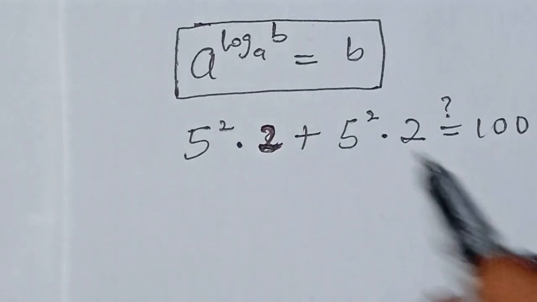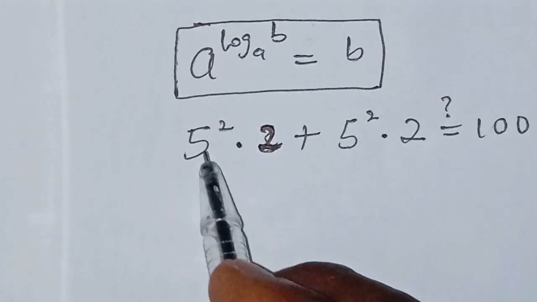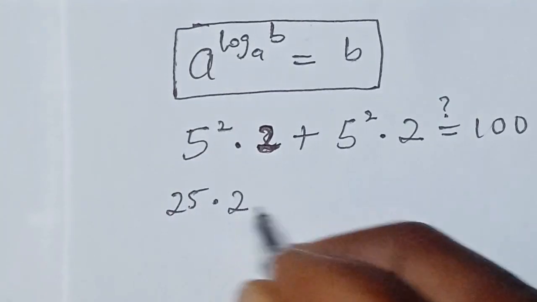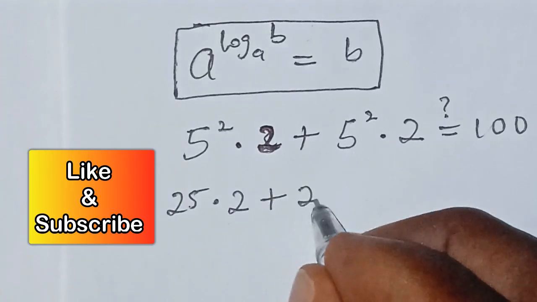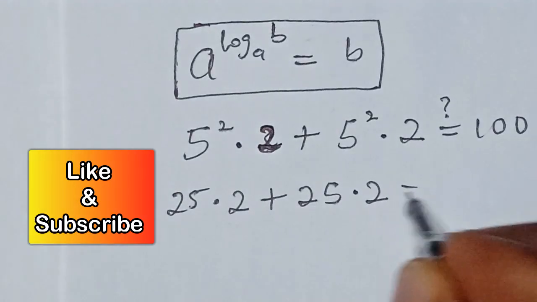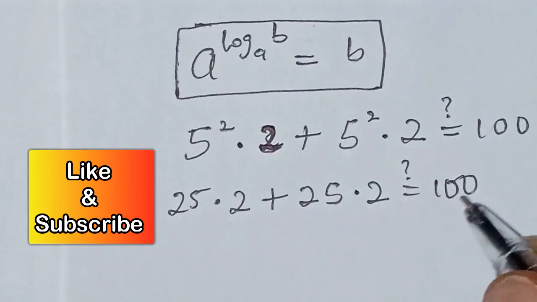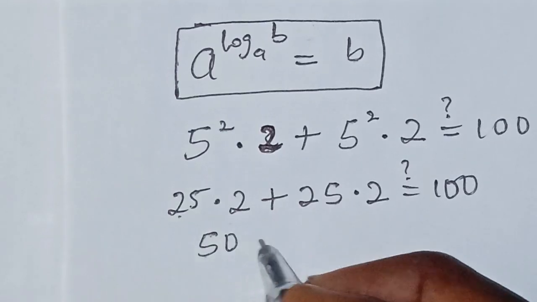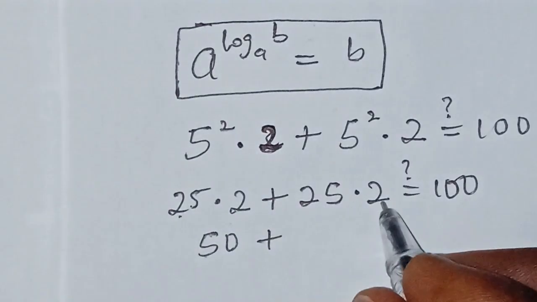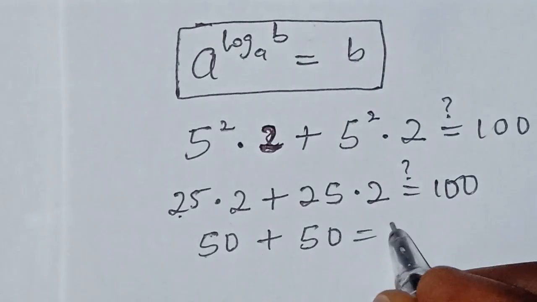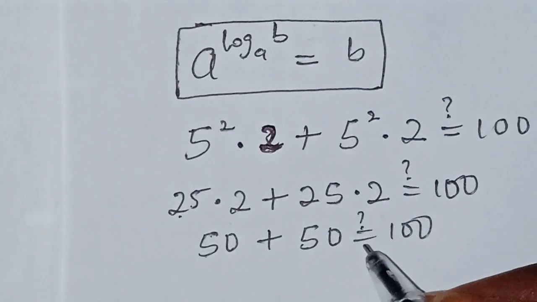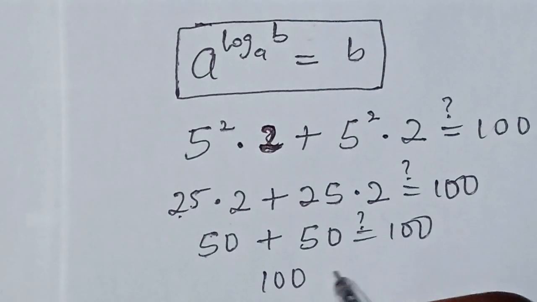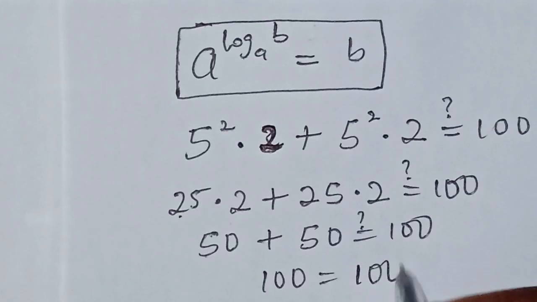So here 5 raised to power 2 gives us 25 multiplied by 2 plus 25 multiplied by 2 equal to 100? So 25 multiplied by 2 will give us 50 plus 25 multiplied by 2 gives us 50 equal to 100? So 50 plus 50 will be equal to 100, which is equal to 100.